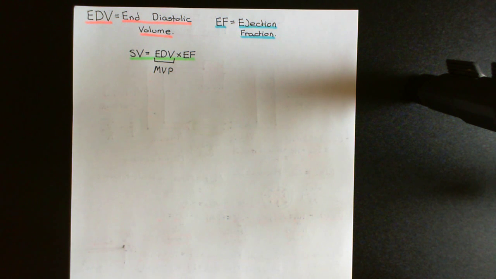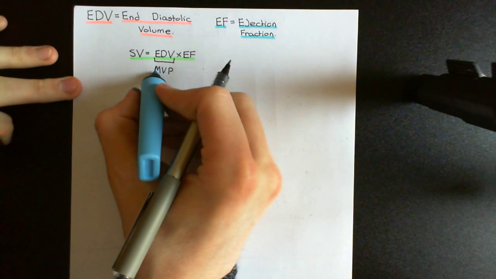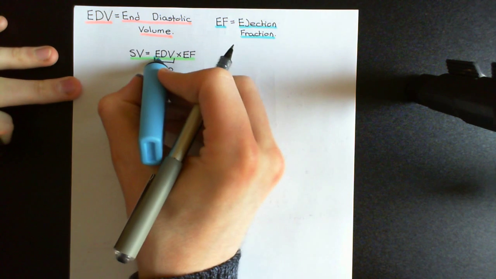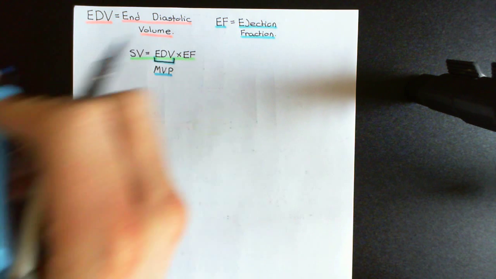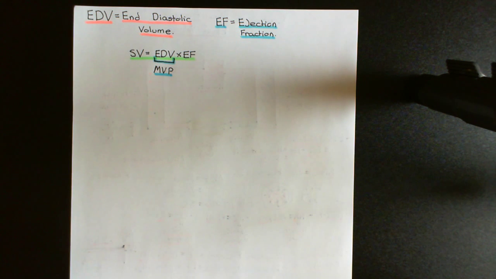If mean venous pressure is higher, you're going to have more force driving blood into the chamber, and therefore you're going to end up with a larger end diastolic volume. So mean venous pressure is really important in determining end diastolic volume.